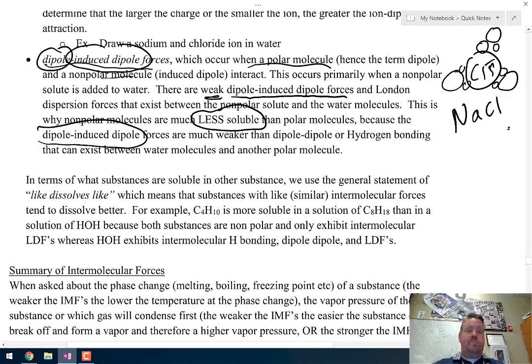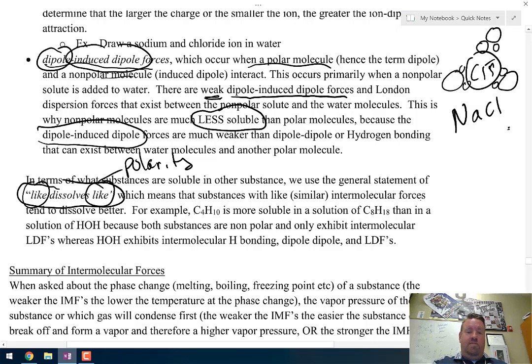Okay? And a lot of times in chemistry, we use this term "like dissolves like." In terms of if something's going to dissolve in something else, usually when we say like dissolves like, the "like" is referring to polarity. Okay? Substances with similar intermolecular forces, in terms of they're both polar, they're both nonpolar, etc., tend to dissolve in each other better.